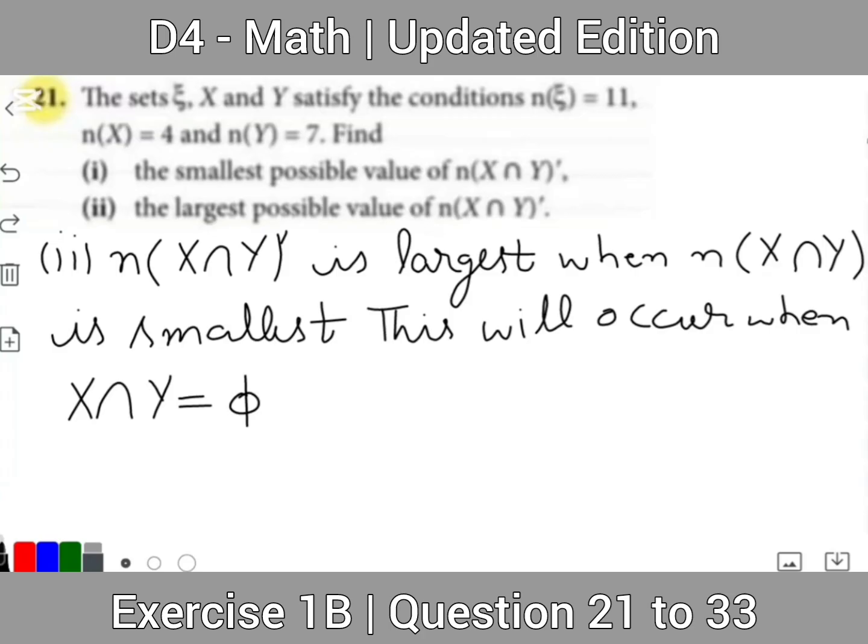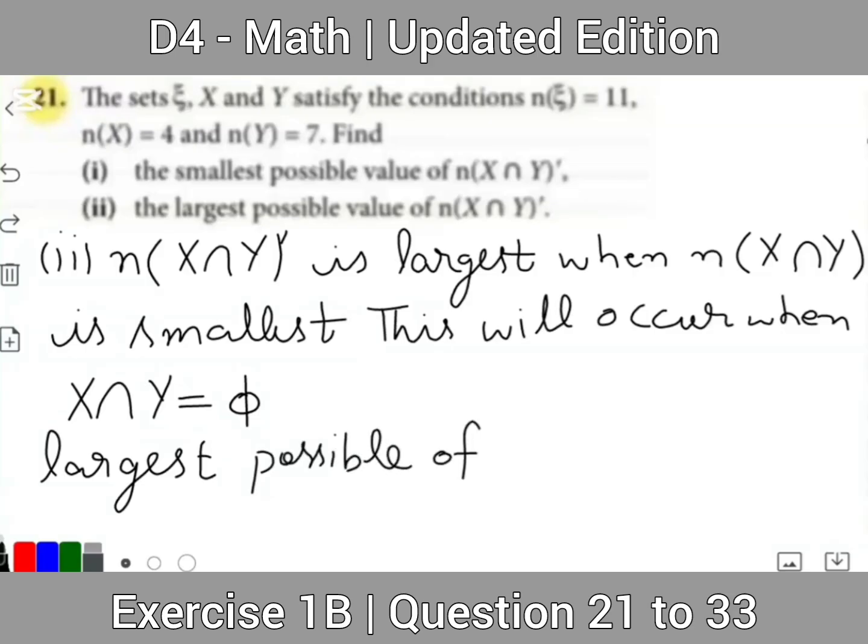So the largest possible value of n of (X intersection Y) whole complement will be equal to 11 minus 0.